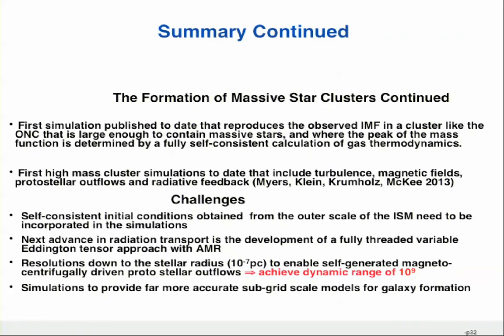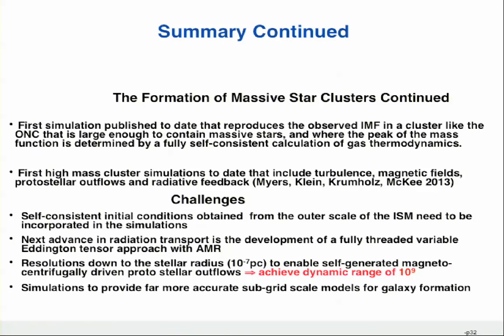We've got the first published work that actually reproduces the IMF in a cluster like the Orion Nebula that is large enough to contain massive stars, where the peak of the mass function is now determined by a fully self-consistent solution of the gas thermodynamics. And these are the first massive clusters to date that include all these effects.